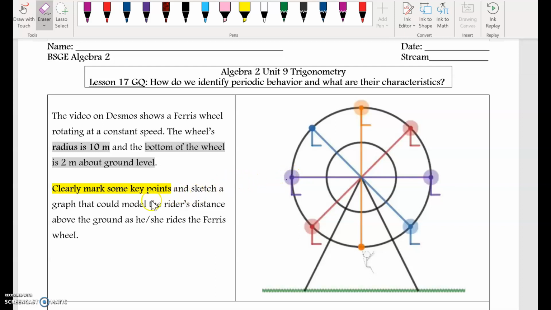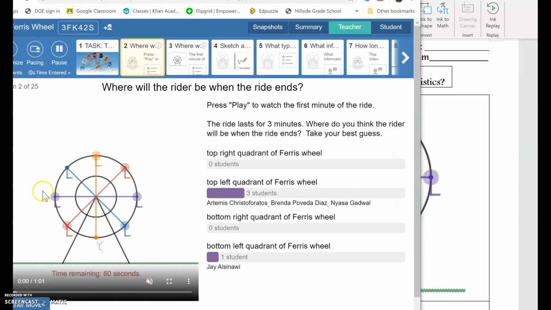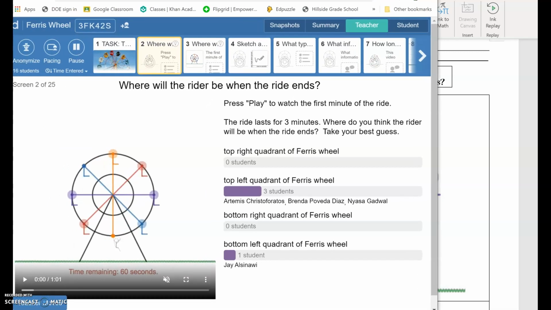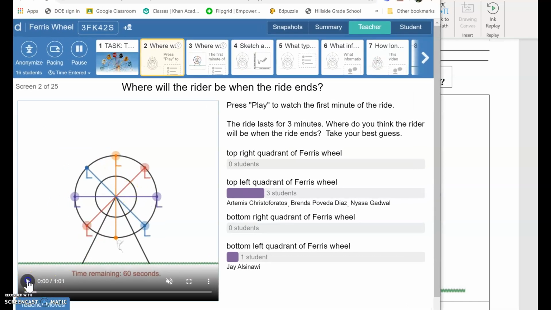So the other day, you were assigned to sketch a model, a graph of a person riding a Ferris wheel over time. I believe the video looked something like this. Person riding a Ferris wheel.